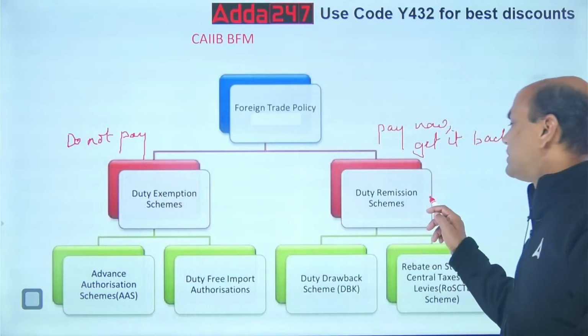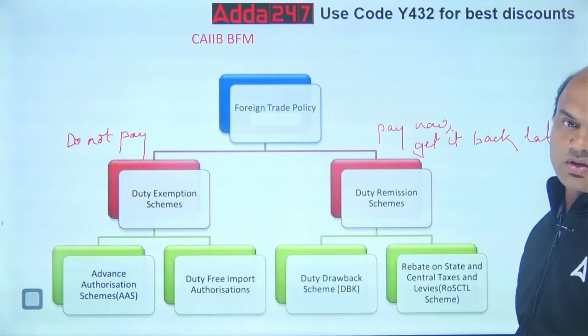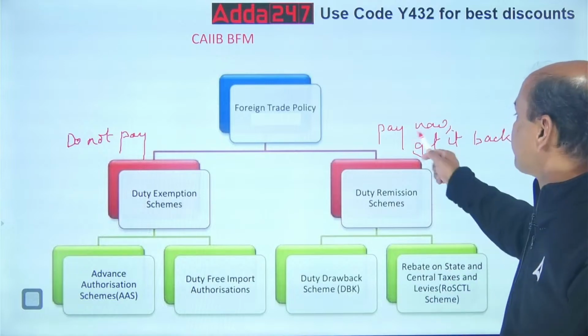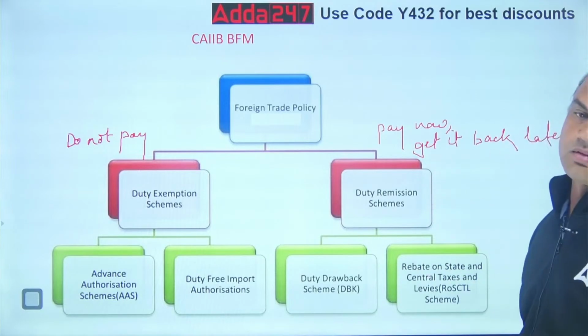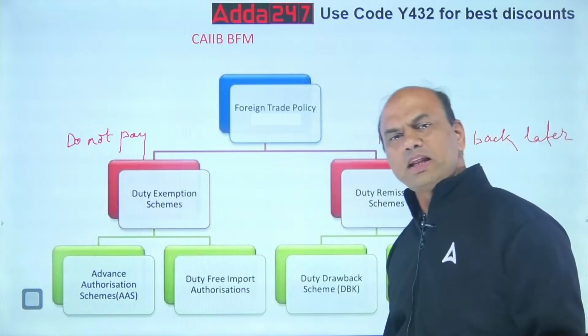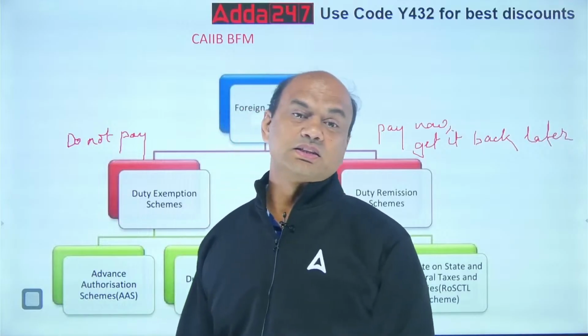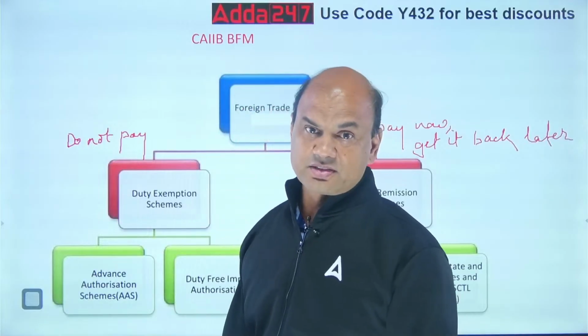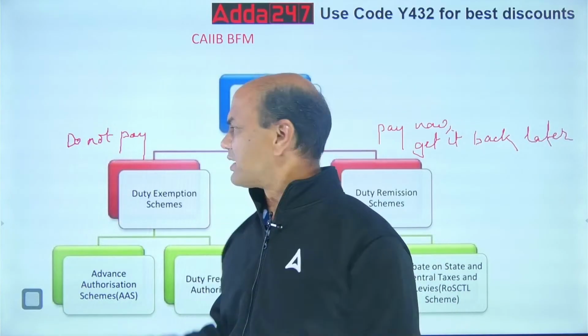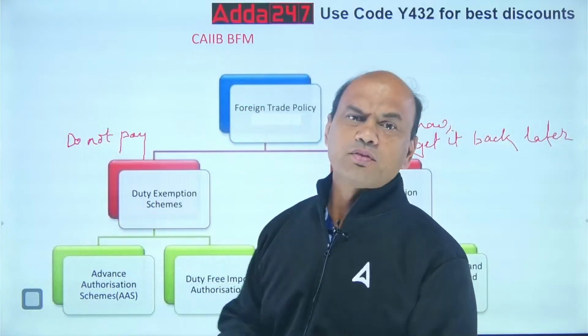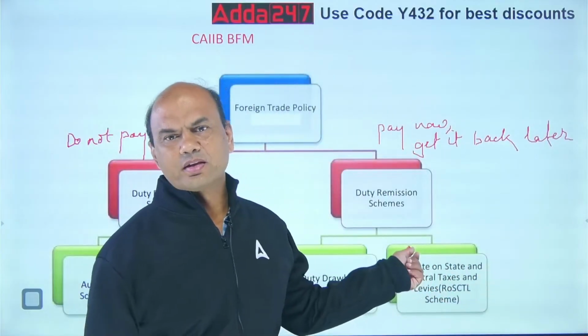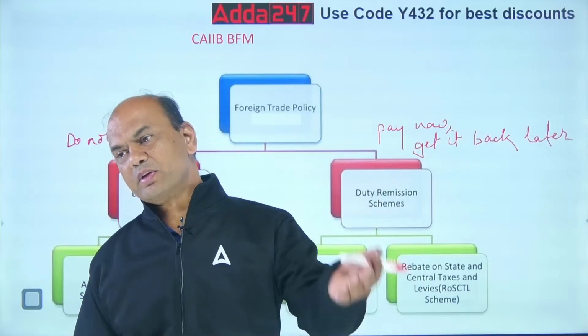Similarly, duty remission scheme. Remission means you pay first and get it back later. First you pay now, then I'll give you back. Like subsidies. Many of the subsidies are in this form. You first pay, then you get it back.